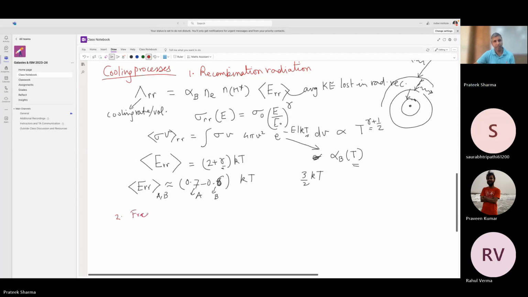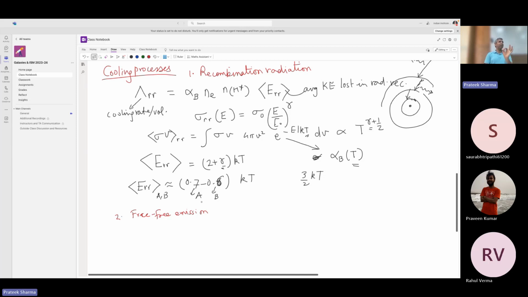So the second thing is free-free emission. If you have a plasma, it emits due to free-free emission. So you have electrons and protons, electrons and ions zipping past each other. That process accelerates the electrons and makes them radiate through free-free emission.